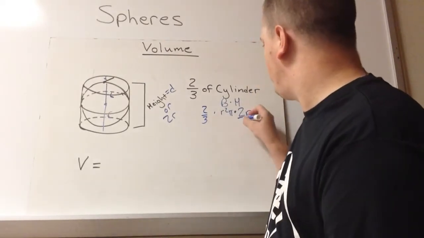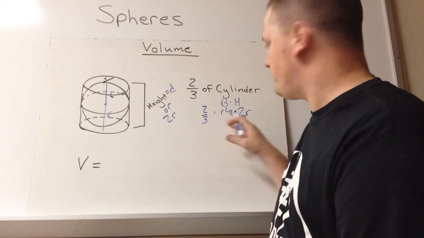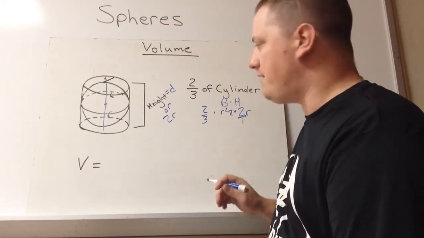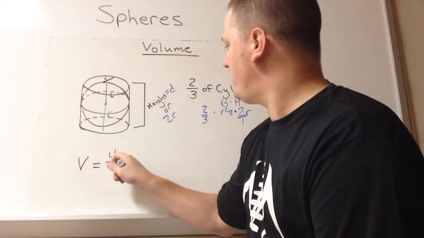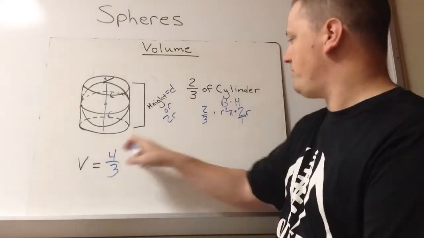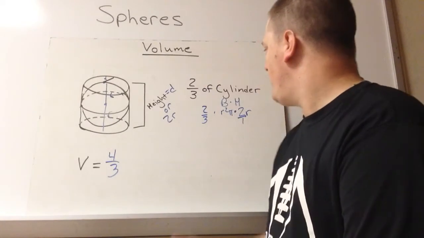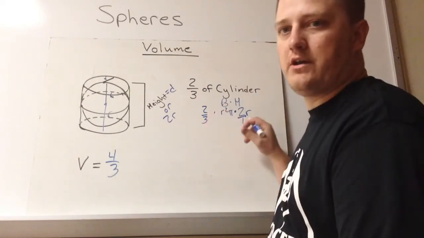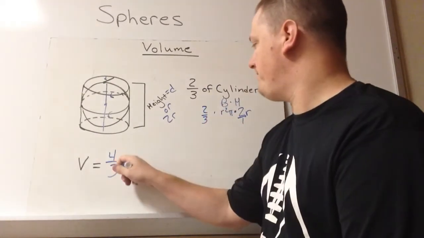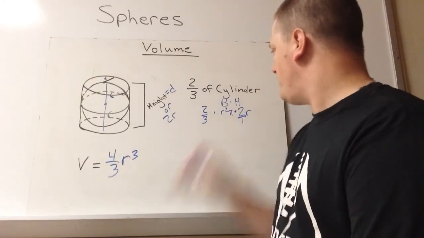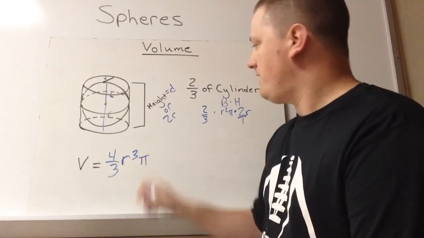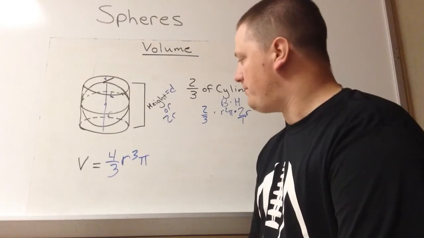So the numbers are 2/3 and 2 over 1. That's going to give me 4 over 3. 2 times 2 is 4, 3 times 1 is 3, so we've got 4/3 there. Our r's, we've got r squared and r, that's going to become r cubed, and then we have a pi. So we get 4/3 r cubed pi.